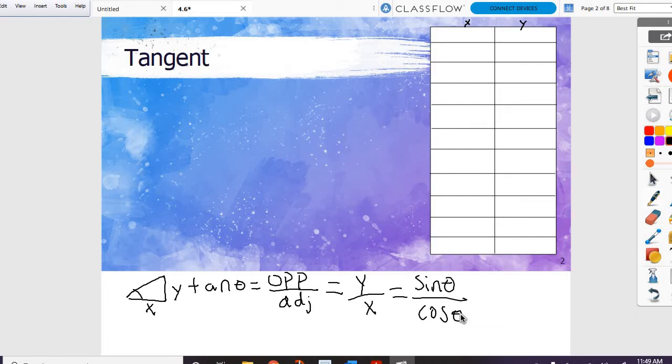So when we're looking for our tangent values, most of us don't just have our tangent values memorized. So what we're going to do is start with our sine and cosine values and just divide them. Y'all with me? Okay.